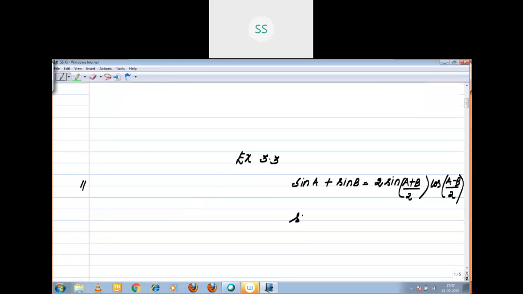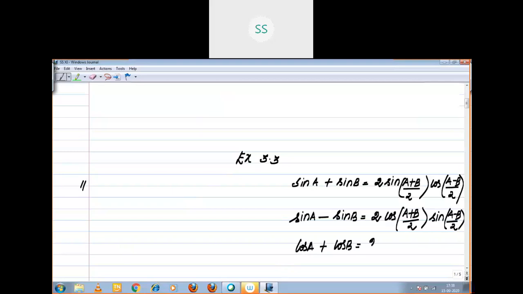Next, sin A minus sin B equals 2 cos (A plus B)/2 into sin (A minus B)/2. cos A plus cos B equals 2 cos (A plus B)/2 into cos (A minus B)/2.